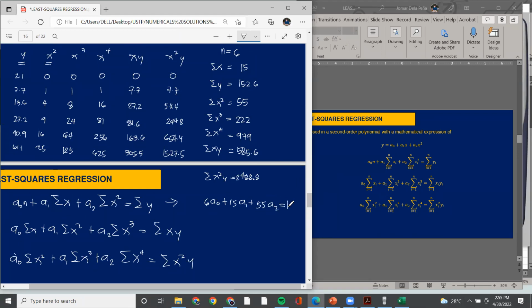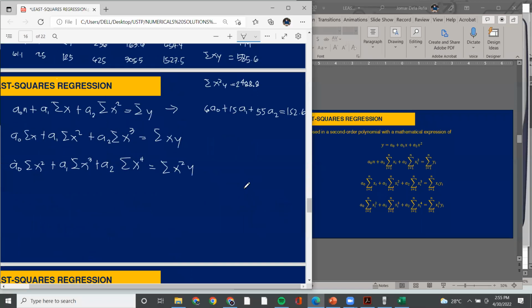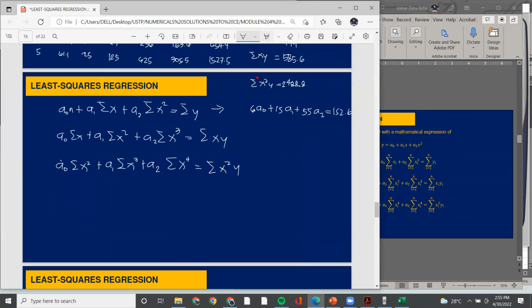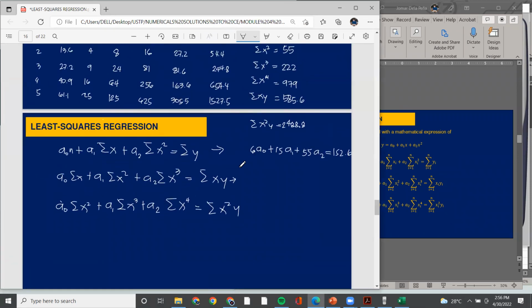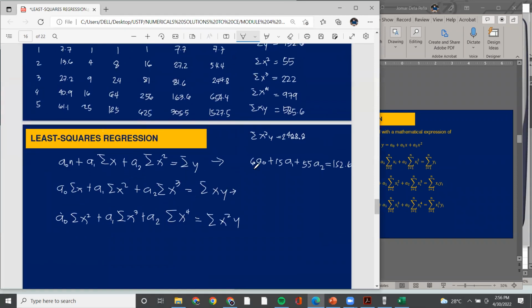Summation of y is 152.6. Next, a sub 0, we have summation of x is 15. So 15 a sub 0 plus summation of x squared, we have 55 a sub 1.